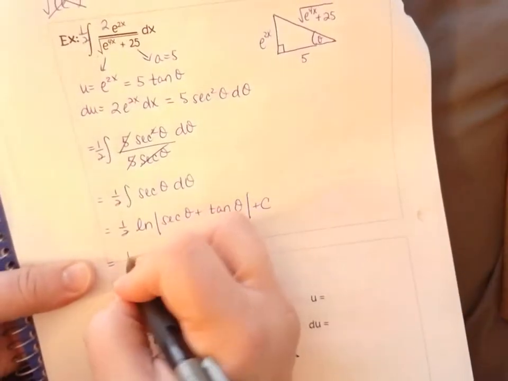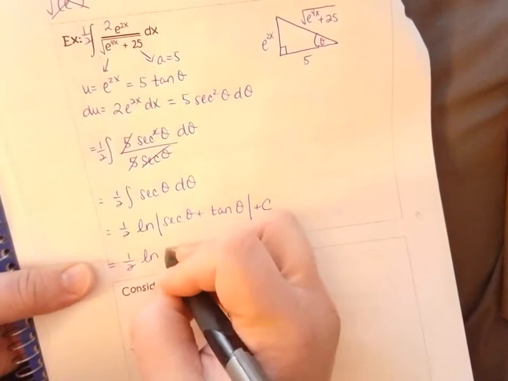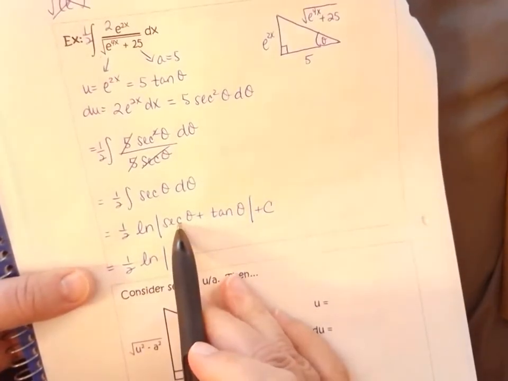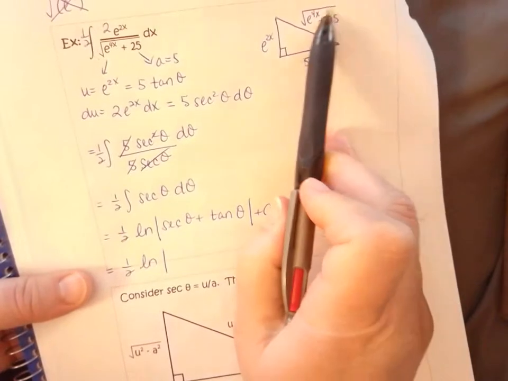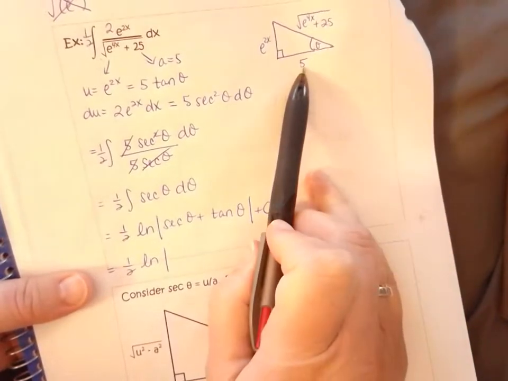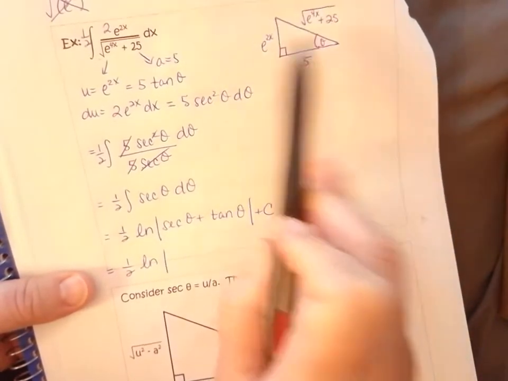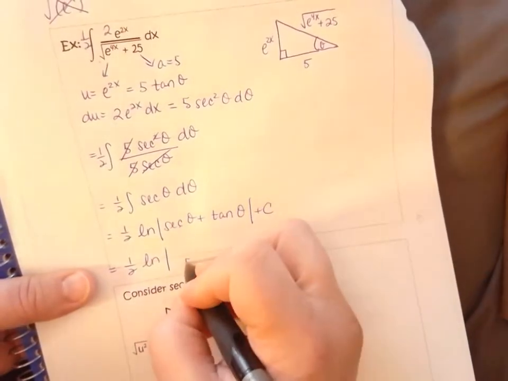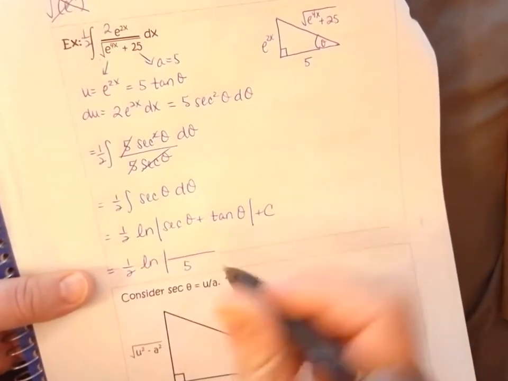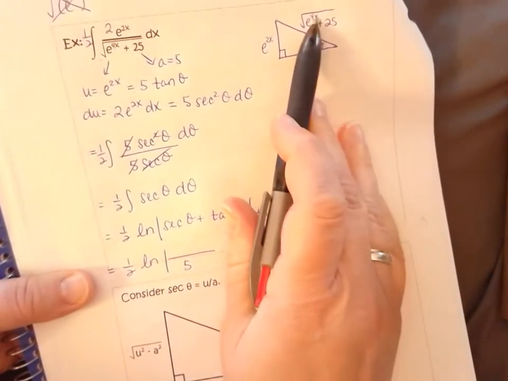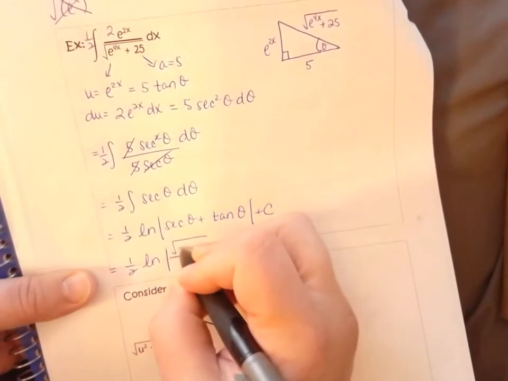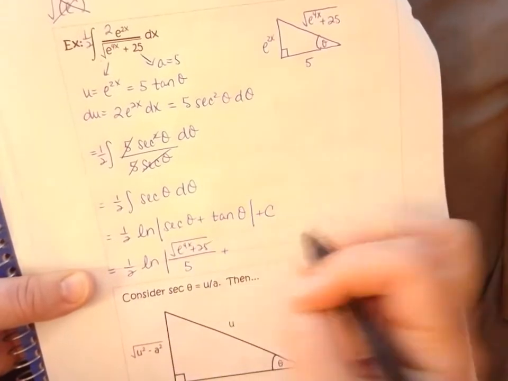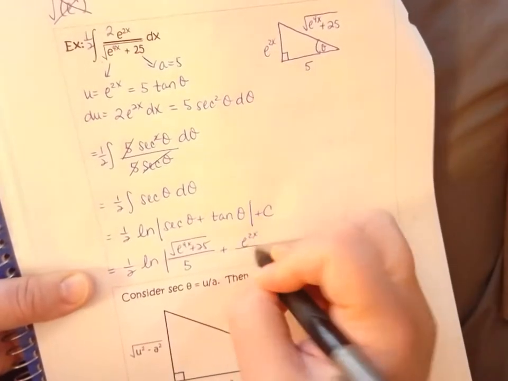So, for a final statement, secant is hypotenuse over adjacent. Tan is opposite over adjacent. Since they're both over 5, I am going to make one fraction at some point. So secant, again, hypotenuse over adjacent. And tan would be opposite over adjacent.